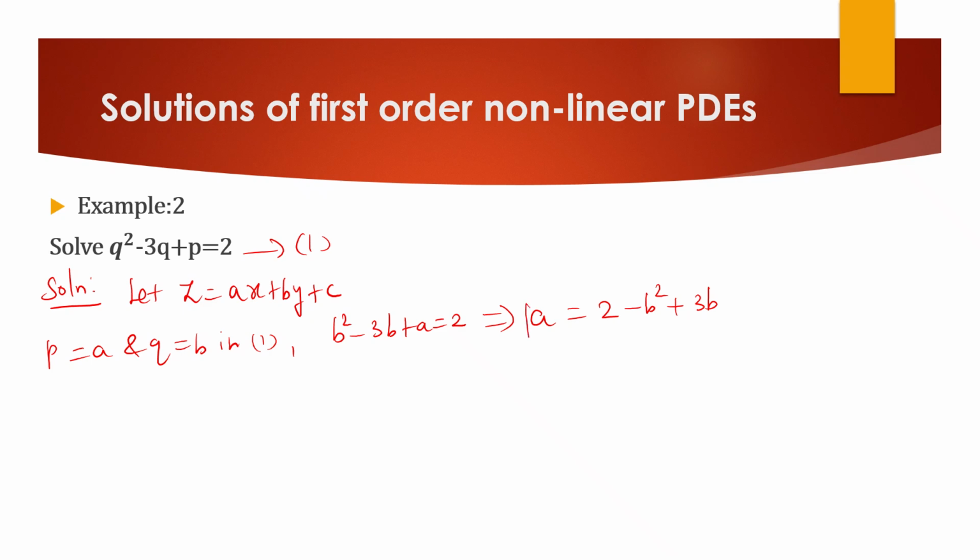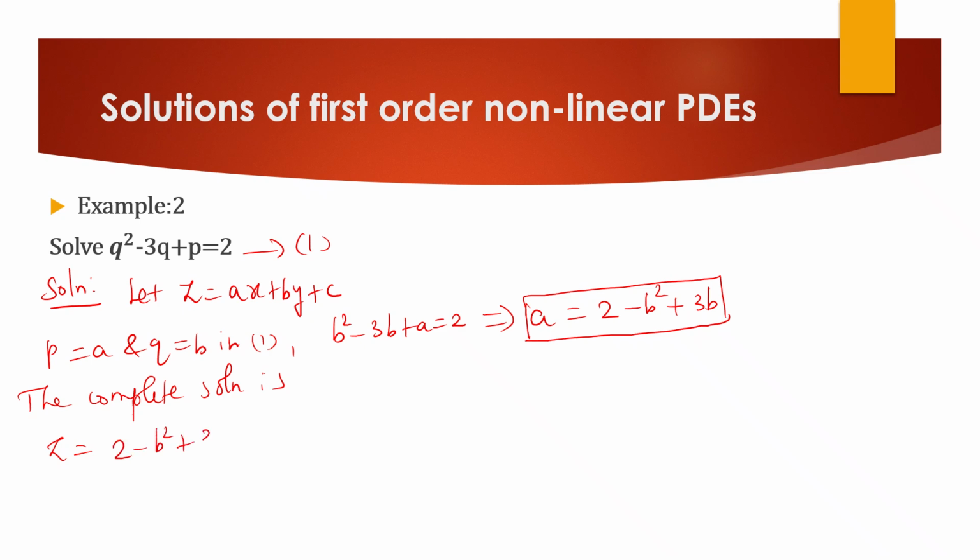So now substituting this a in that assumed solution, we get our complete solution. So the complete solution is z = (2 - b² + 3b)x + by + c.